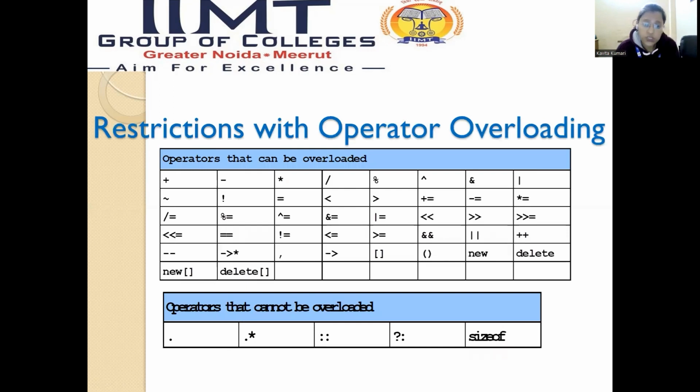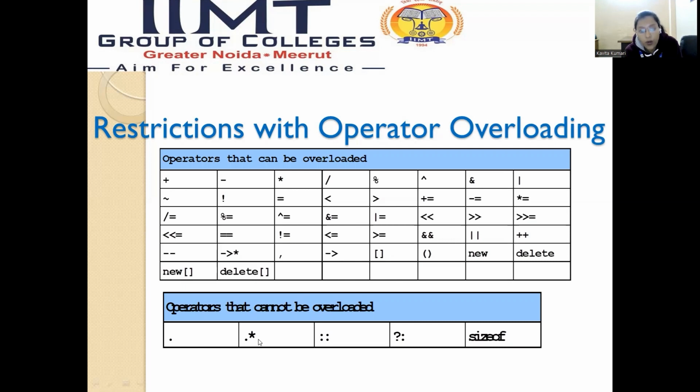Now there are some restrictions with operator overloading. Operator overloading can be done by almost all operators, but there are some operators that cannot be overloaded. One is your member access operator, that is the dot operator.